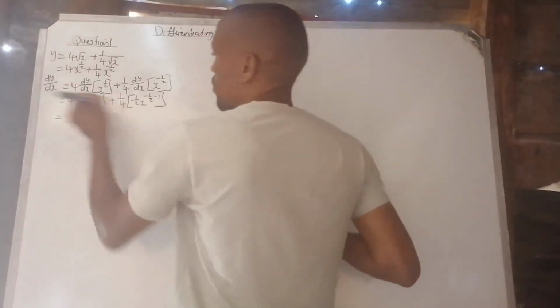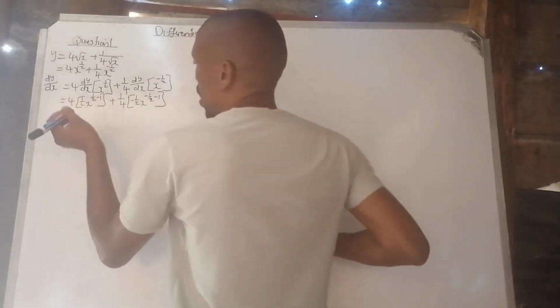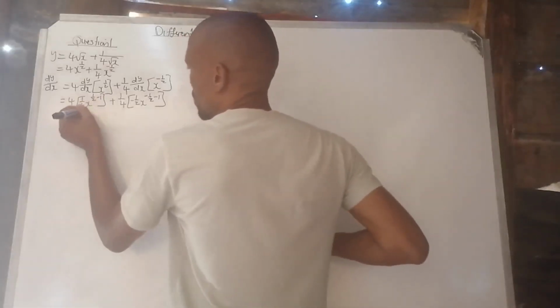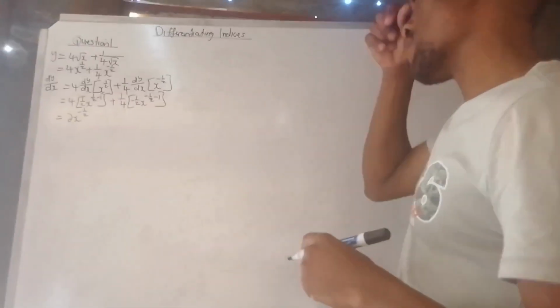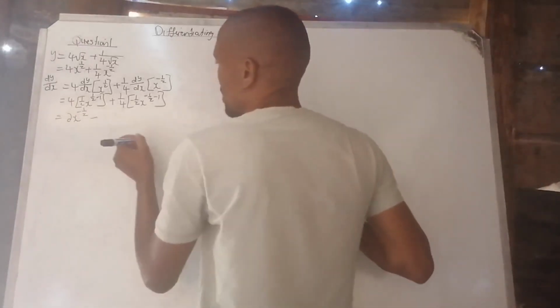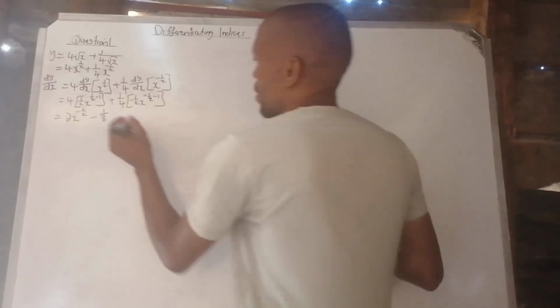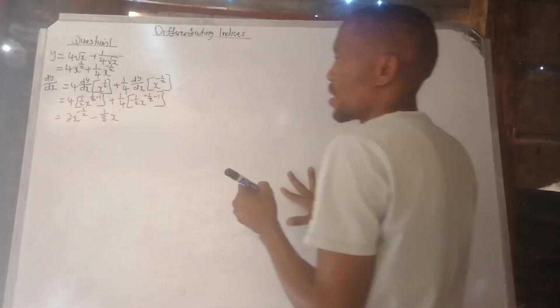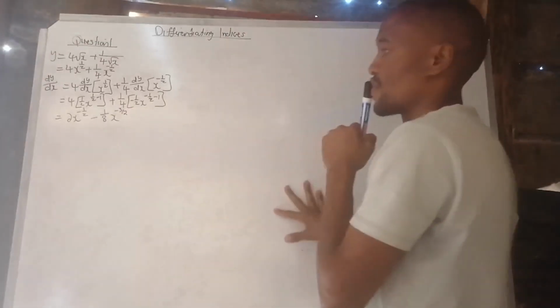From here, 4 times half, it's 2. Half minus 1 is minus 1/2. 1 1/4 multiplied by negative 1/2, you should get negative 1/8. x to the minus 1/2 minus 1 is minus 3/2.